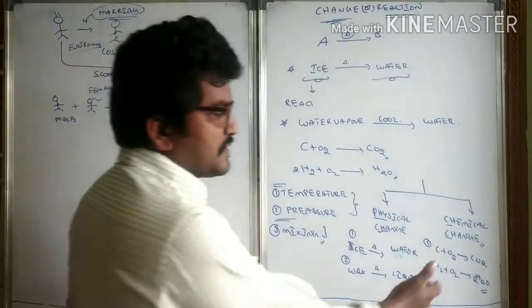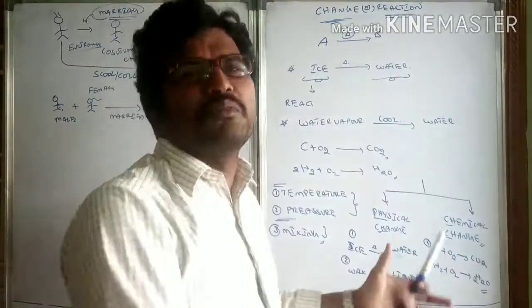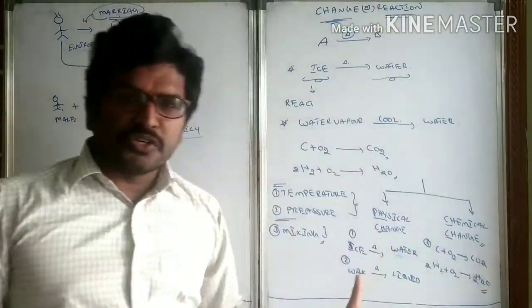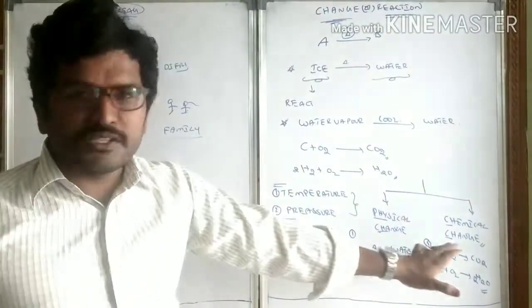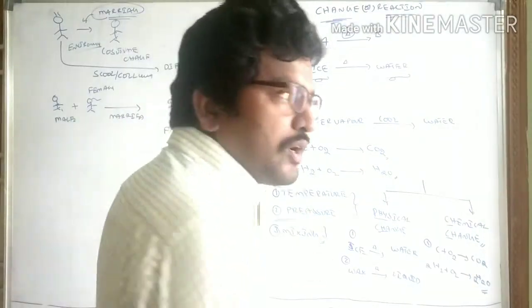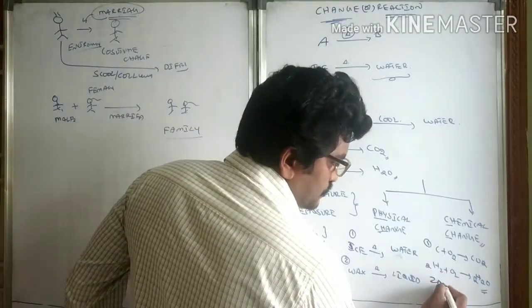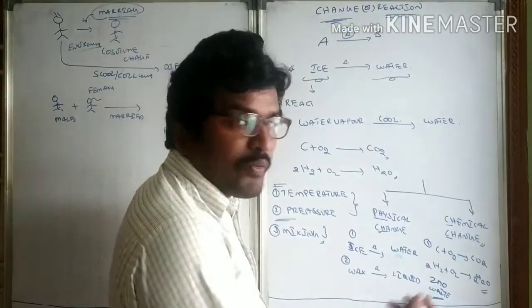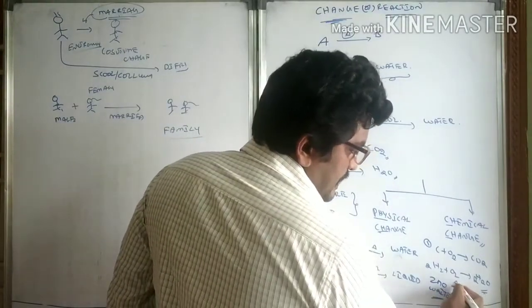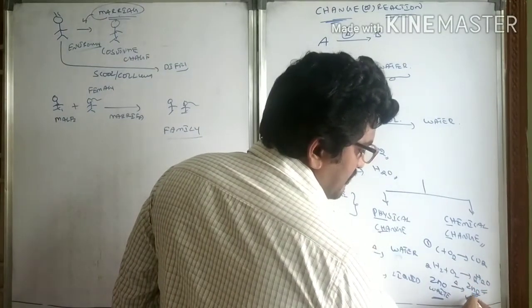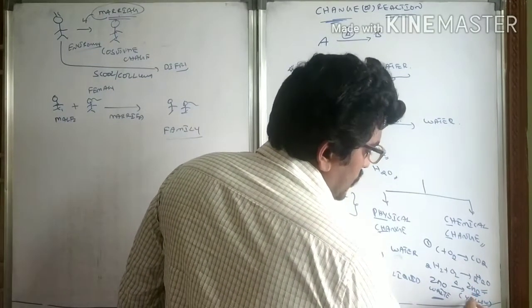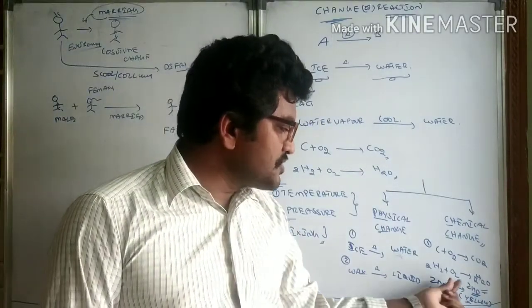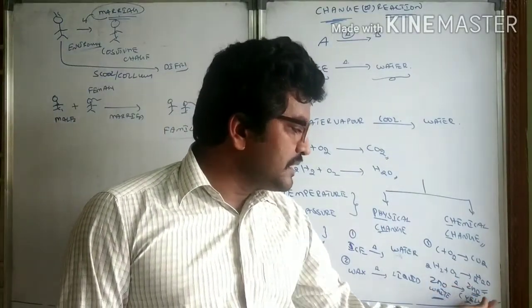There are so many examples for chemical change, n number of reactions. It's not possible for me to write all these reactions here, so I'm just giving you 2 or 3 examples. In the laboratory, if you do experiments, zinc oxide, which is white in color, when heated, is converted into yellow color.